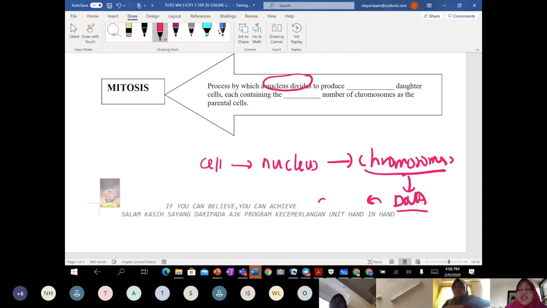So the process of mitosis means the nucleus divides to produce how many daughter cells? Obviously 2 daughter cells, each containing how many chromosomes, class? If teacher has 46, how many will my daughter cell have? Also the same number. The keyword is same: the same number of chromosomes as the parent cell.